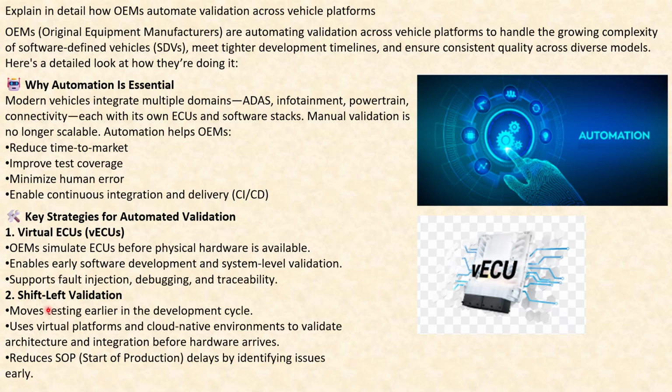Next, shift-left validation moves testing earlier in the development cycle, using virtual platforms and cloud-native environments to validate architecture and integration before hardware arrives, and reduces start-of-production delays by identifying issues early. So these are the various strategies: one is virtual ECU and next is shift-left validation.